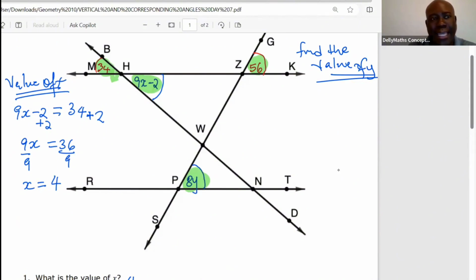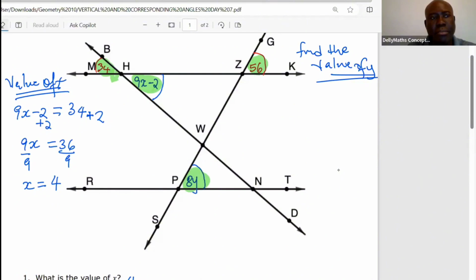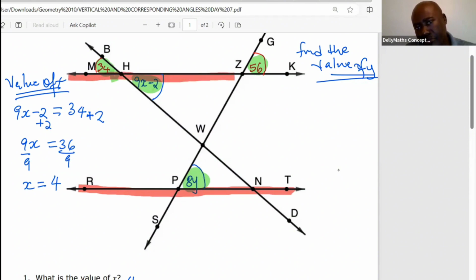Take a look. We're looking at this line, RT. RT is parallel to MK. Those lines are parallel.